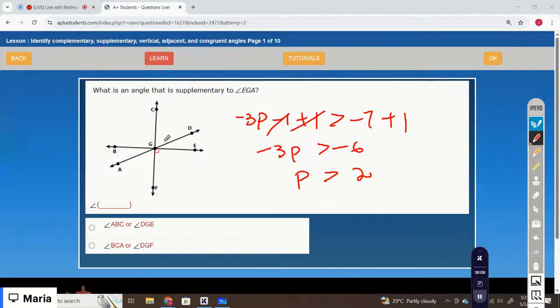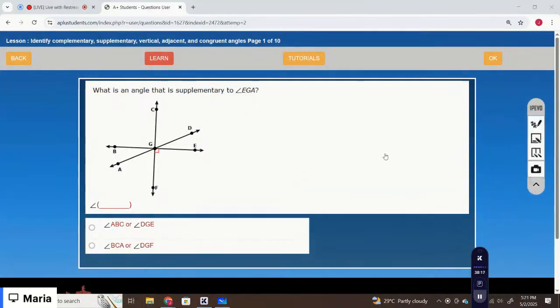That is AGB or DGE, but that is ABG. Option number one is the correct option. That is not ABC, it is ABG.